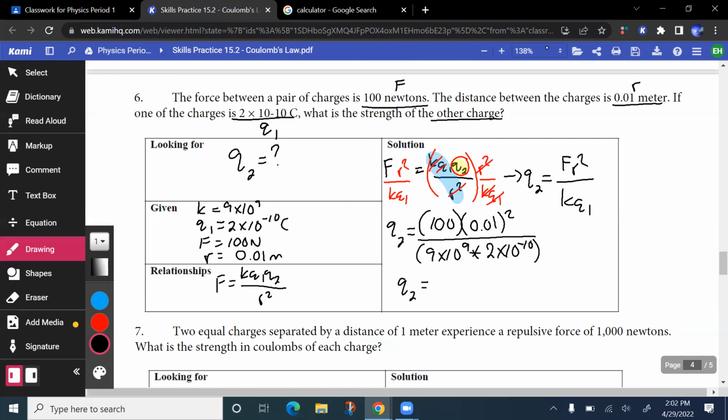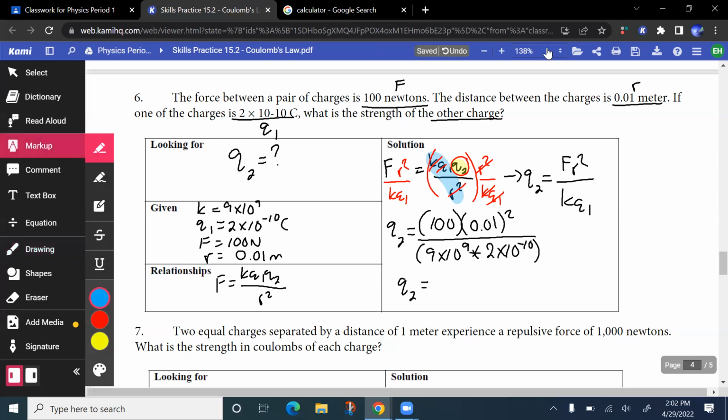Now, in putting this in the calculator, here's what you ought to do first. Go ahead and square this part first. Square the 0.01 first. Then multiply by 100 and then hit equals. Then you can go ahead and divide by the rest of what you see there.